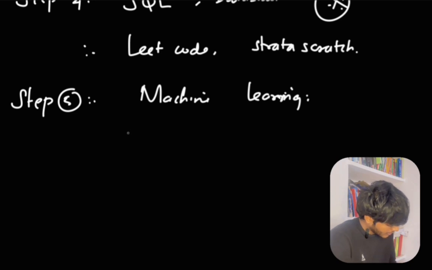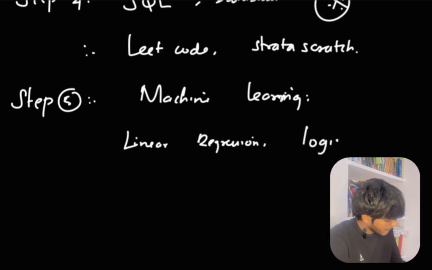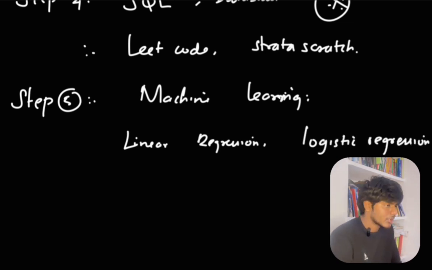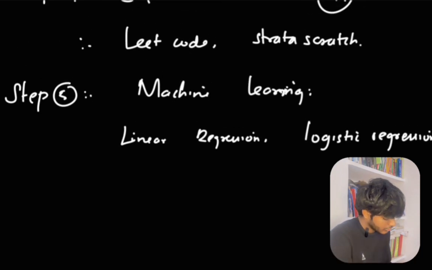At first, I'm saying linear regression, logistic regression, etc. These are the supervised models, and I have also posted some videos on machine learning in the previous week. So you can follow that if you are not aware of machine learning and its models. So in step five, you have to study machine learning. This is almost the final step of data science.